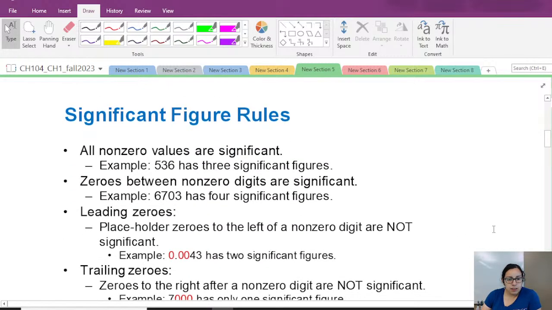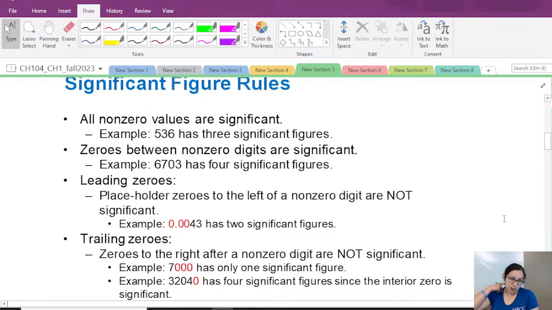And so let's look at our rules for sig figs, and then we'll look at how to do the math. So all non-zero values are significant. That makes sense. Anything you see, you want to write down. And so this number 536 would have 3 sig figs. And then the next one is also fairly simple.